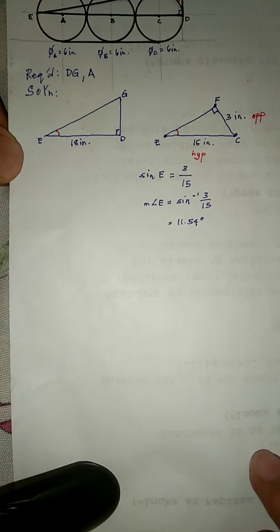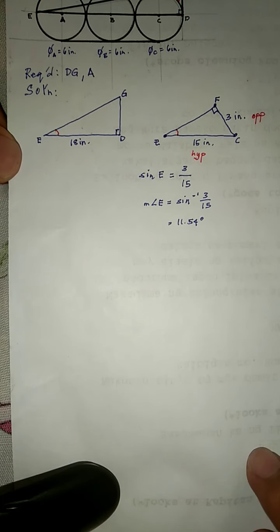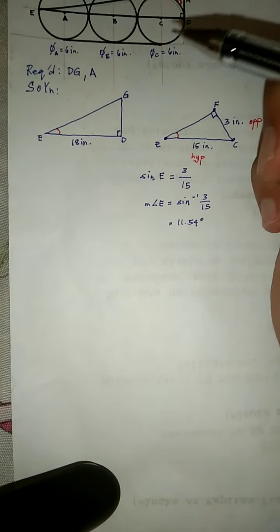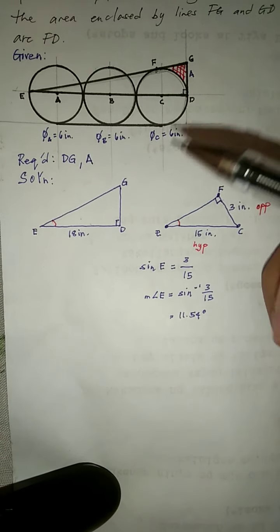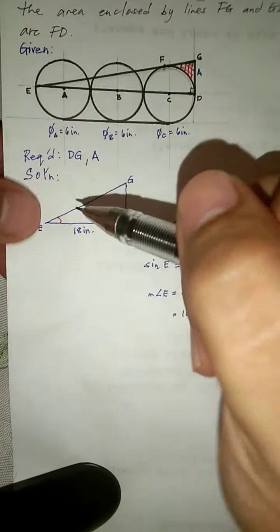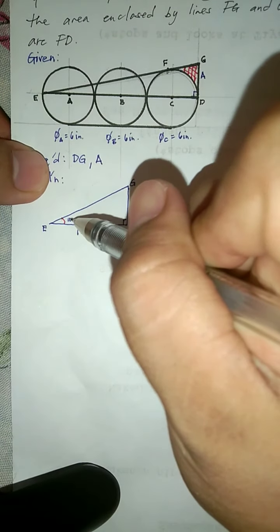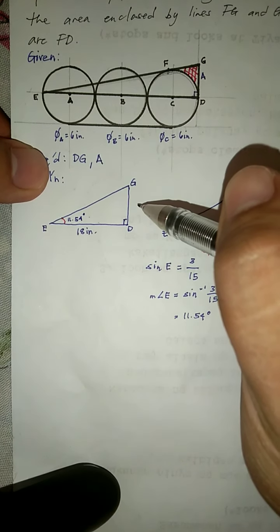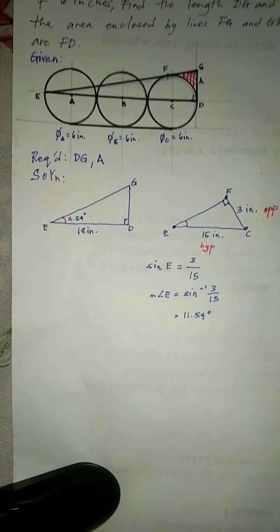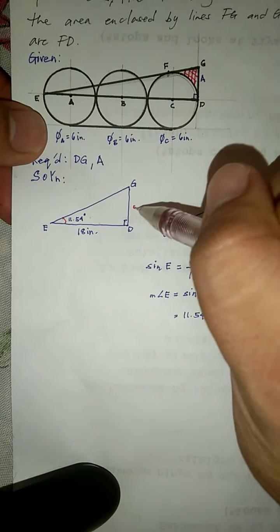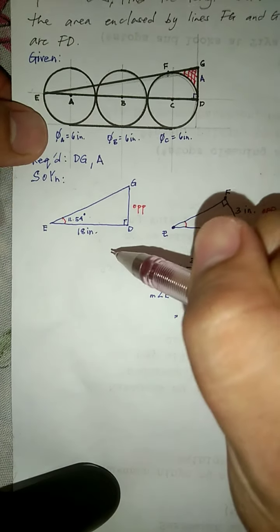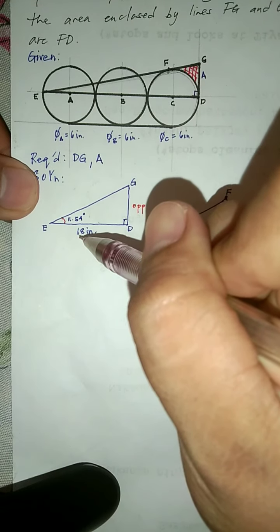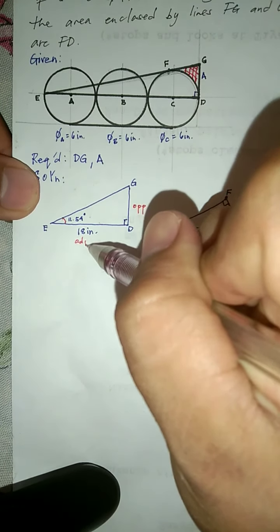We can use this value, 11.54 degrees, on the triangle EDG. Here we have angle E, which is already known as 11.54 degrees. DG is the opposite side with respect to this angle, and 18 inches here is the adjacent side.